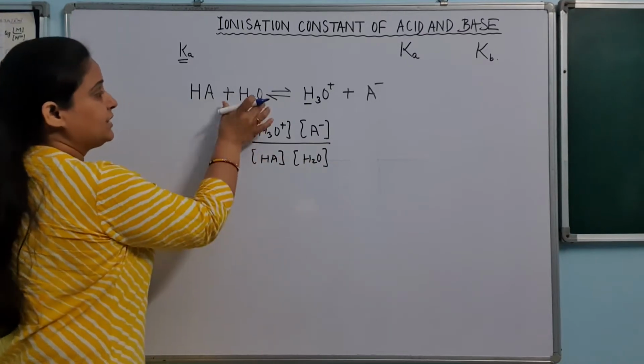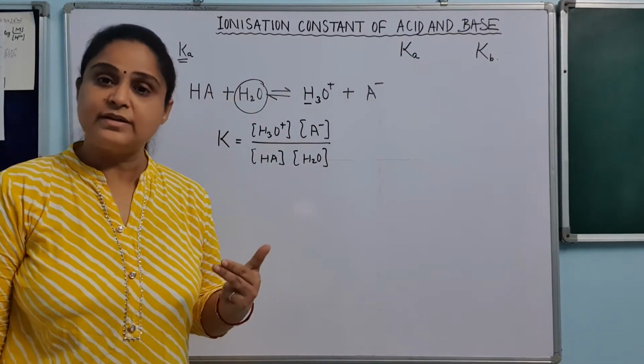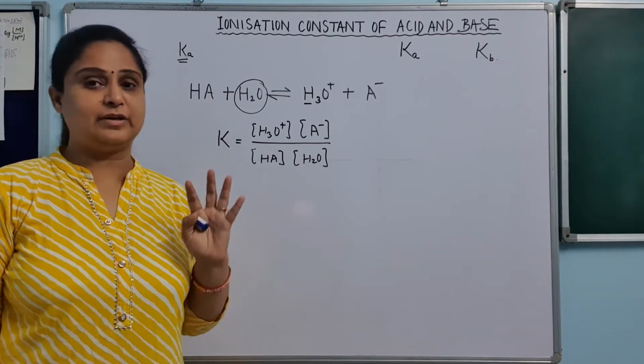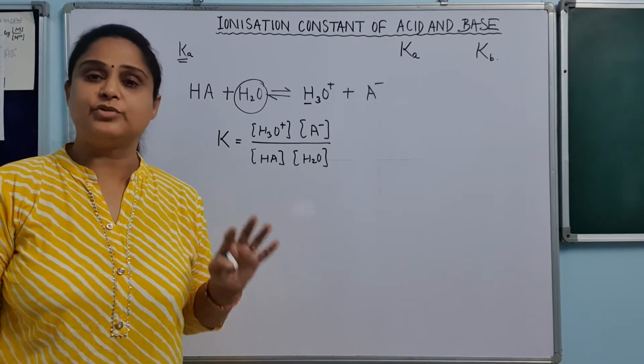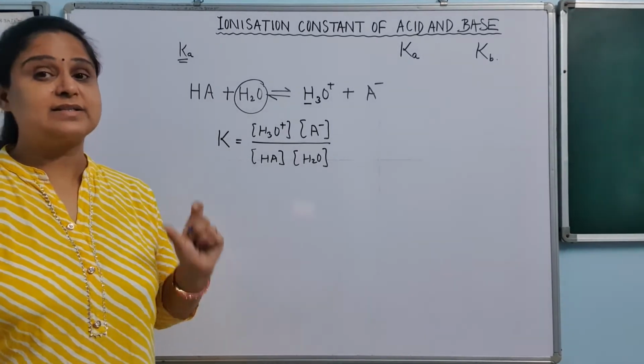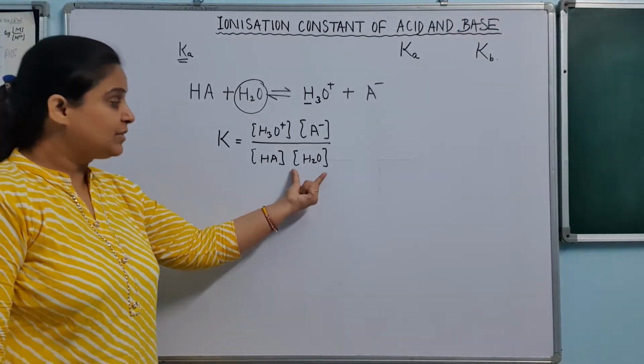And we know that this water molecule will be in excess. Why? Because it is a weak acid, and in the weak acid maximum water will be helpful to dissociate the acid. तो यहाँ पे ये excess में होगा, and ultimately there will be no change in the concentration of water molecule. तो ये भी constant हो गया.